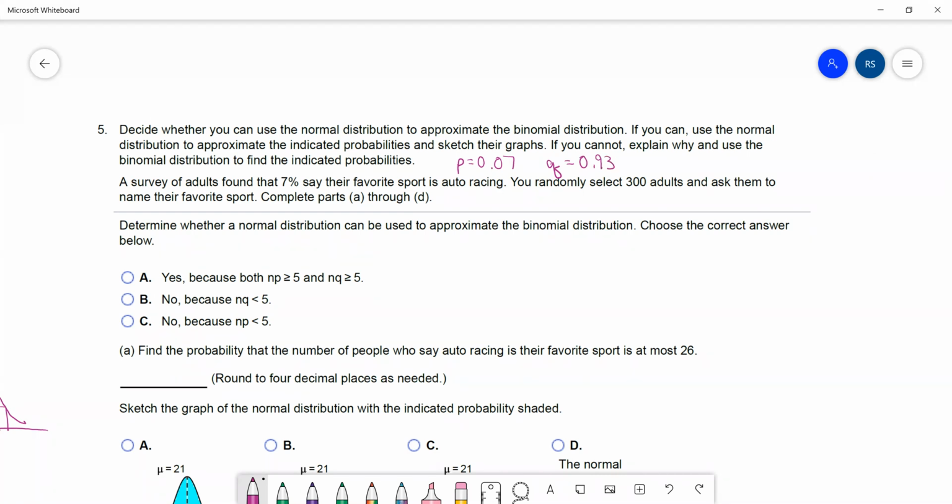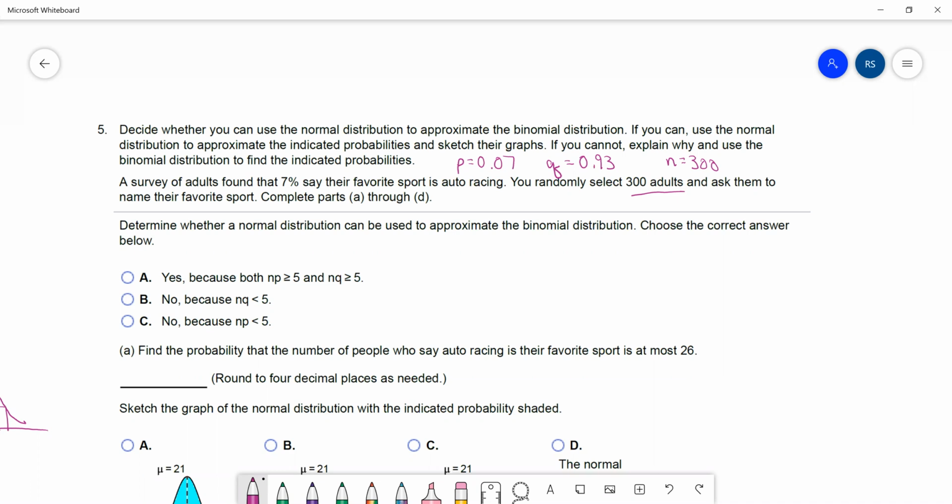You randomly select 300 adults. There's our N, 300. And ask them to name their favorite sport. Complete parts A through D. Okay, we can do that.